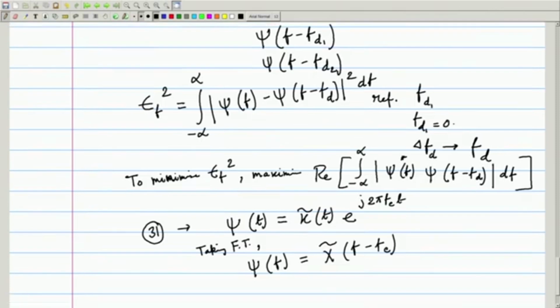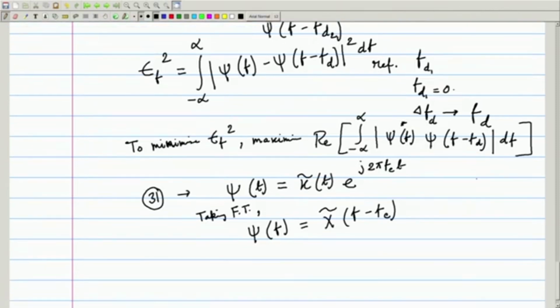So, we need to maximize the real part of the integral from minus infinity to infinity of psi star f, or I can directly put it in terms of x.